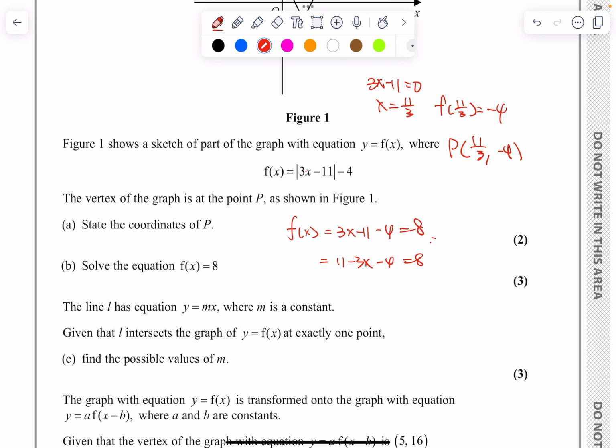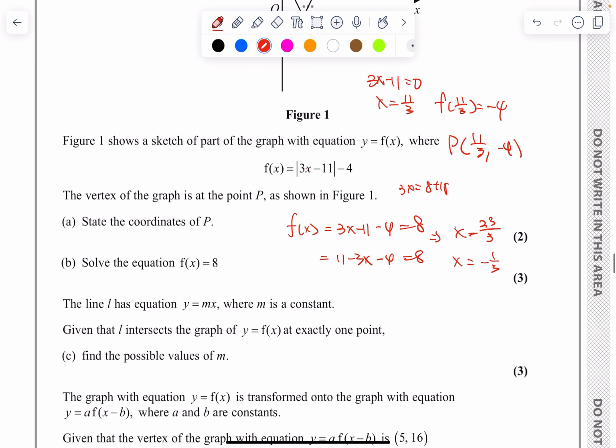Then we will have 28 plus 15, so that would be 23 over 3. And then this will be 11 minus 4, 7, 8 minus 7, 1 over 3 should be.